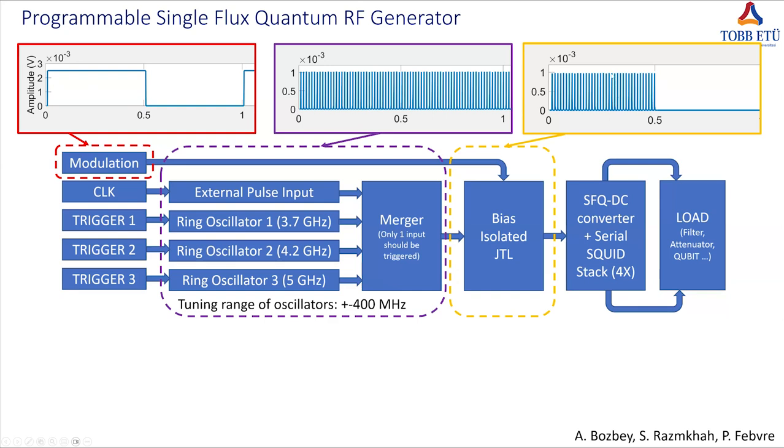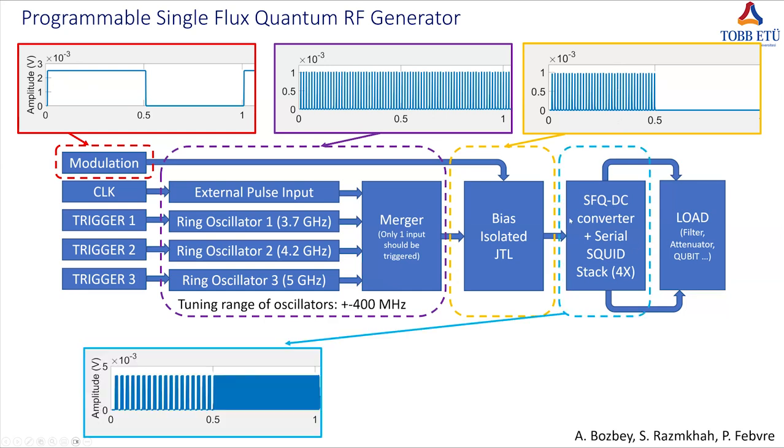But still we don't have any control over the amplitude. So in that case, if we use a serial squid stack as an amplifier, then we can control the amplitude of that. If this is a programmable amplifier, then you can choose 4, 3, 2, or 1 gain in this amplifier.